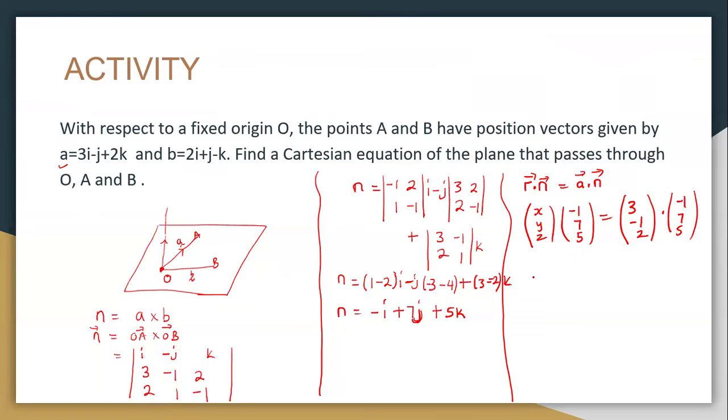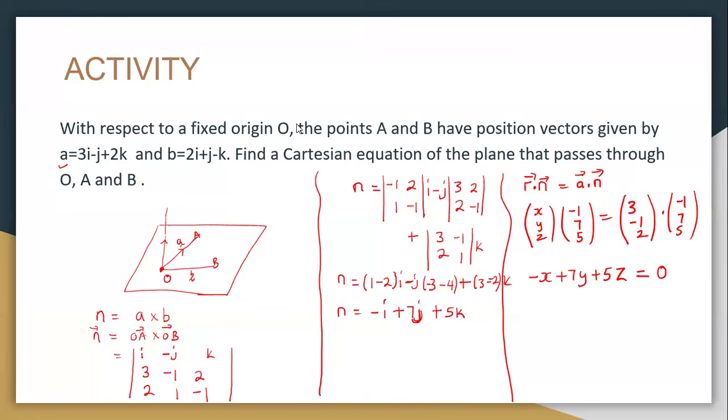Okay, so here we shall end up with negative x plus 7y plus 5z is equal to, am I getting a 0? Good. So here we shall end up with a 0. Very good. How is this different from the previous one?